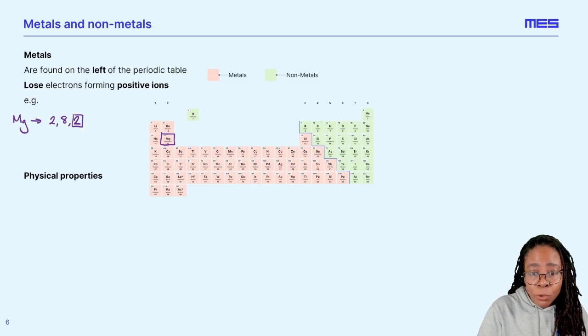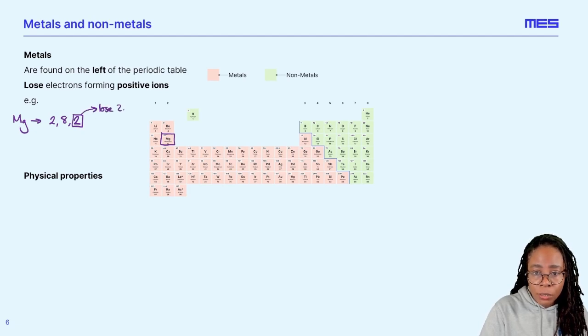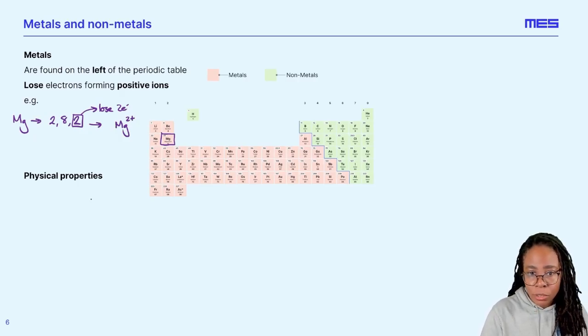To obtain a full or empty and therefore stable outer shell, it's going to lose those 2 electrons. And so we would end up with a 2+ ion, as we've got 2 fewer electrons than protons.